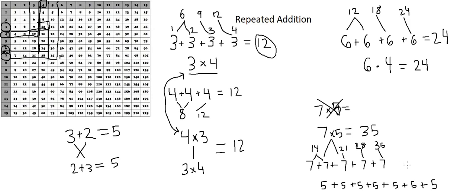Now, if we look over here, we get the same result. 5 plus 5 is 10, plus another 5 is 15, plus another 5 is 20, plus another 5 is 25, plus another 5 is 30, and plus the last 5 is 35. So we get 35.